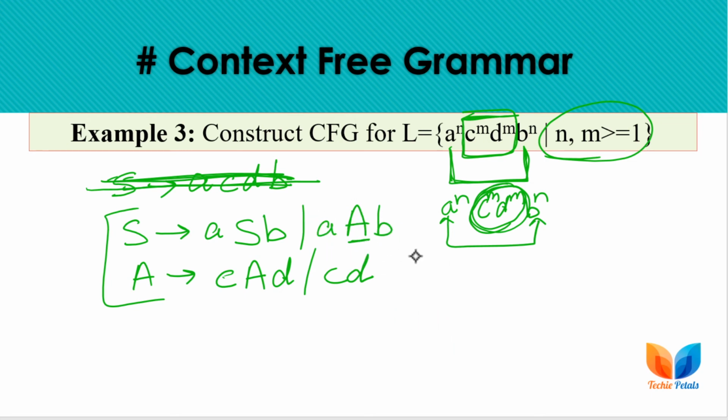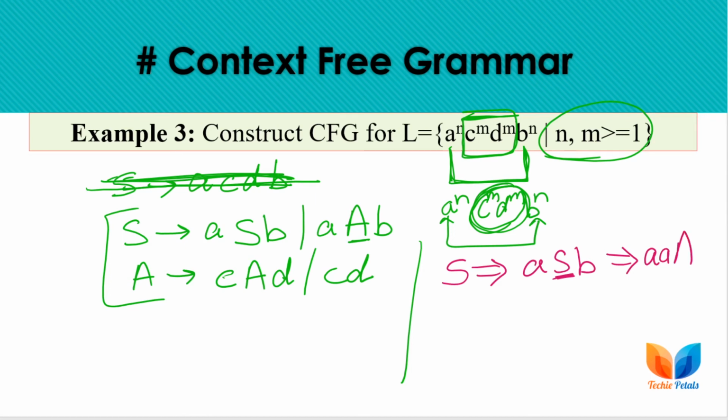So just writing the derivation from S, if we need two occurrences of A and B, firstly we will apply this rule, and next time I am replacing this S with the second production rule, as this gives double A and double B, right.